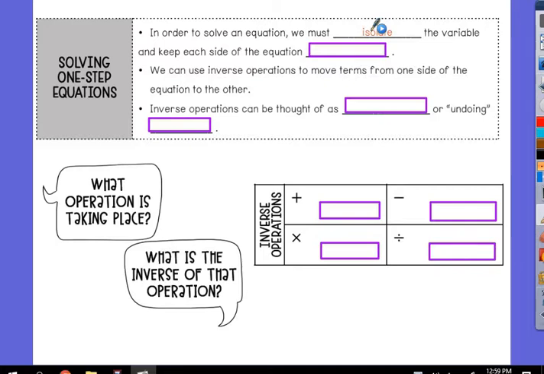If I was to isolate Taylor from the rest of the class, what am I doing? I'm putting her away. Does she have anybody else beside her? No. Isolate means to get alone.